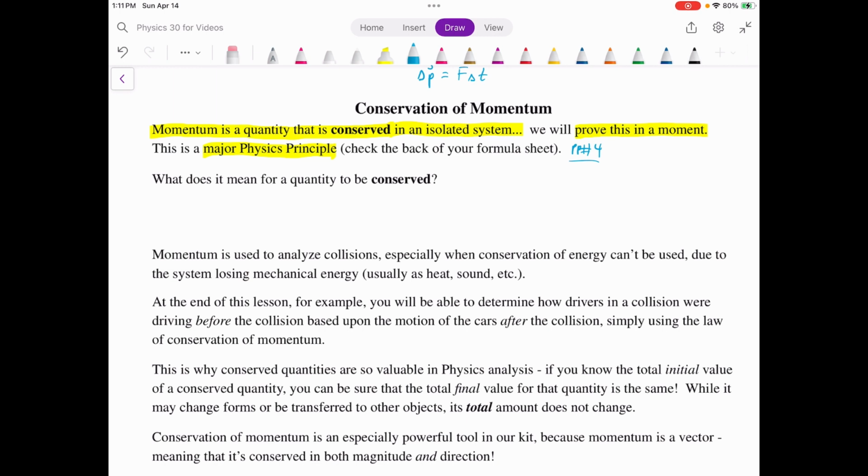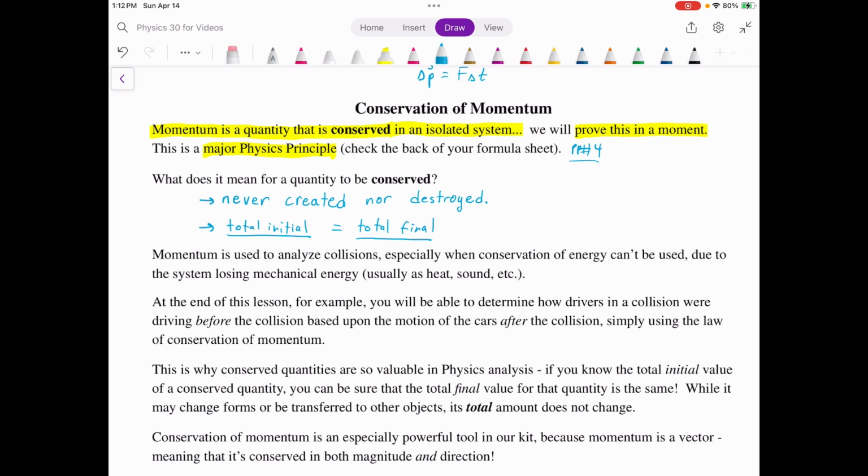So for something to be conserved, it means that it's never created nor destroyed, right? The total amount stays constant. However much you start with, you end up with. So that's the key idea. The total initial amount of that quantity will be equal to the total final amount of that quantity.